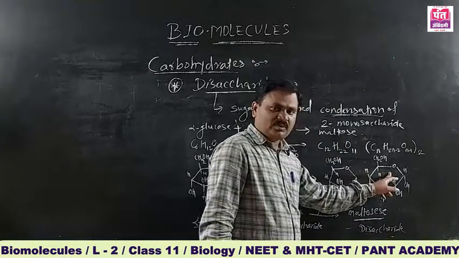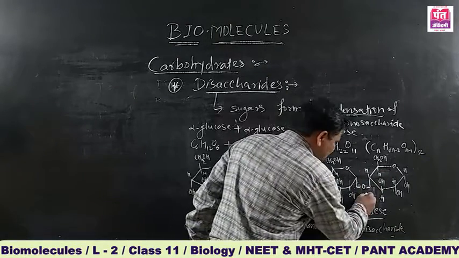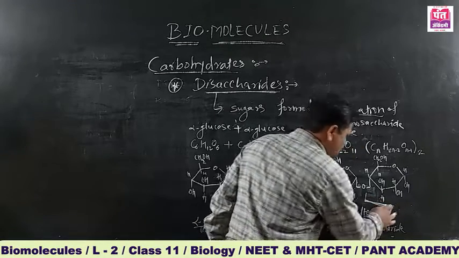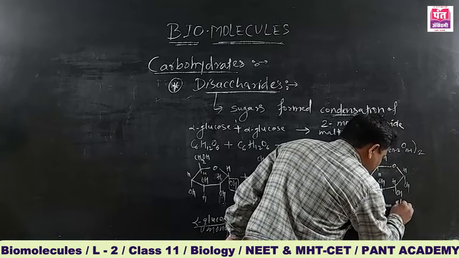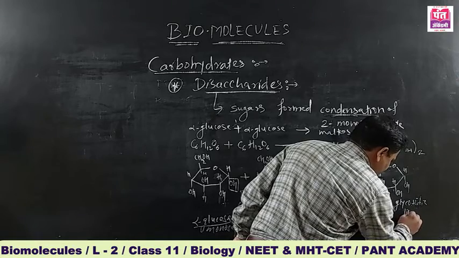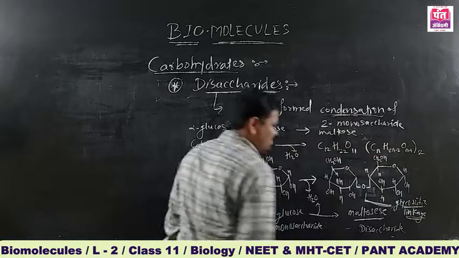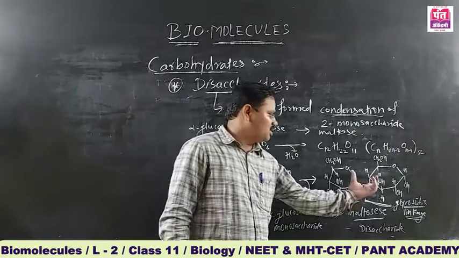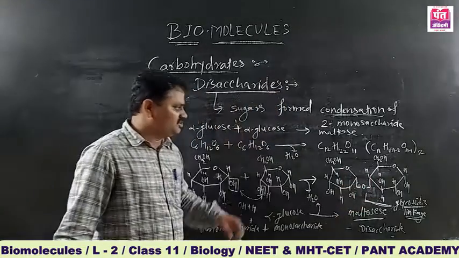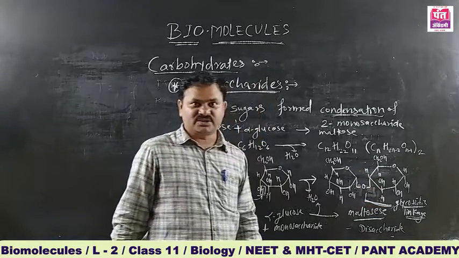Both the monosaccharides are joined together with a special kind of bond, and this bond is called a glycosidic linkage. This glycosidic linkage is very important for bringing together two different monosaccharides, and therefore these monosaccharides are joined together with the glycosidic linkage.